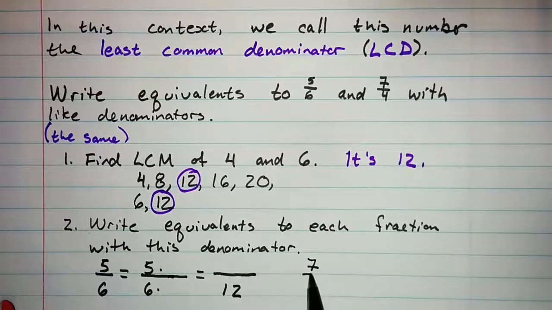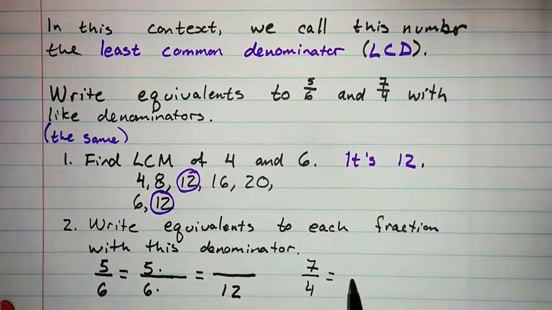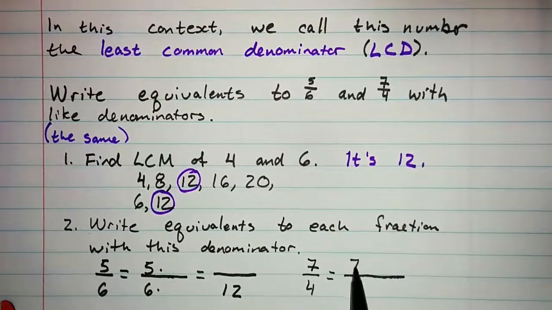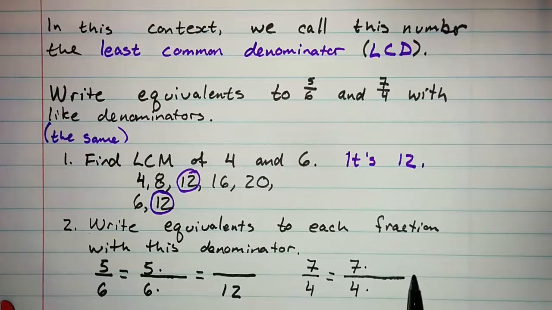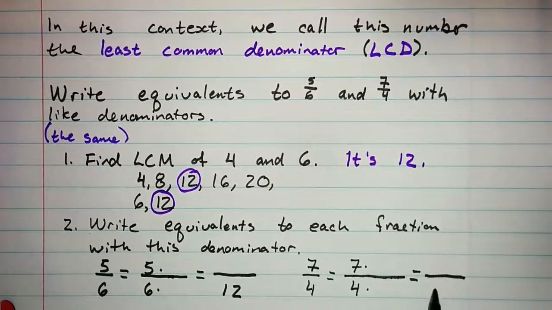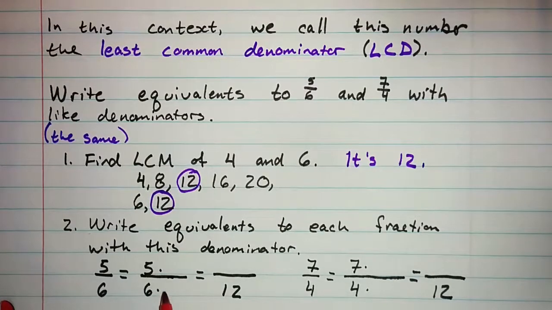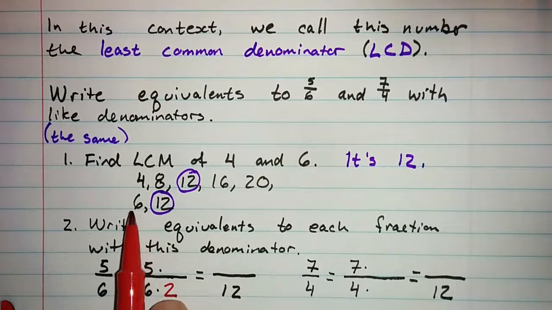And 7/4 is 7 times something over 4 times that same thing, which is also some number of 12ths. Well, 6 times what is 12? 6 times 2 is 12.